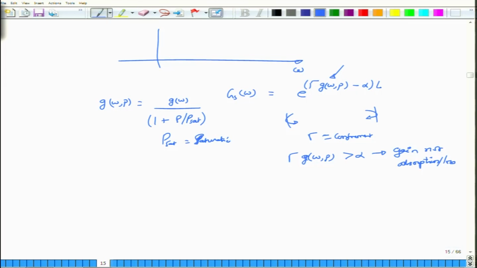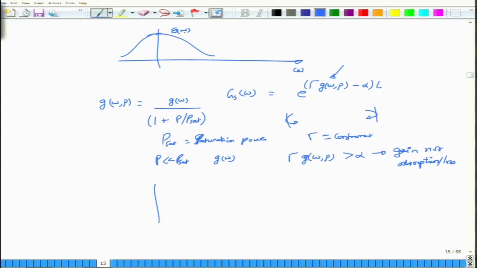At the saturation power, what will happen? For P much less than P sat, the denominator can be approximated to 1 and the gain would be essentially independent of the power. It would have some variation that depends on the gain shape function g of omega itself.